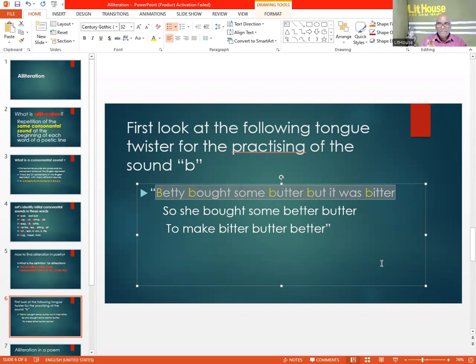Consonant letter B is used in different words in a series, in repetition. Now this is alliteration. Do you understand now? Because of this B sound, this line is interesting to read.